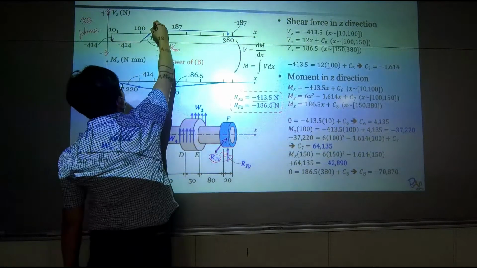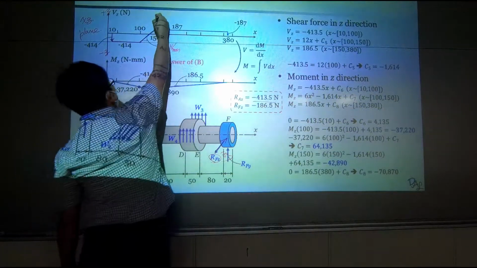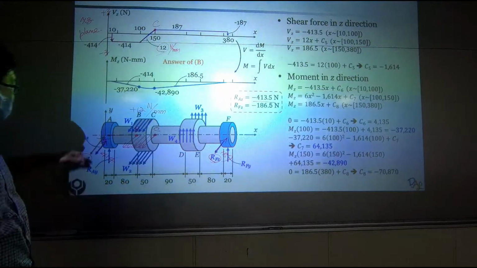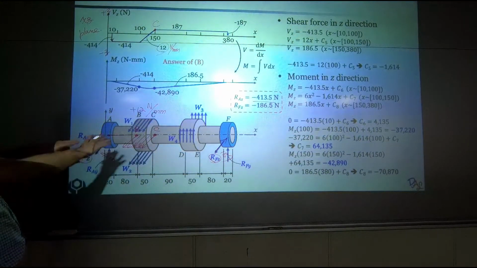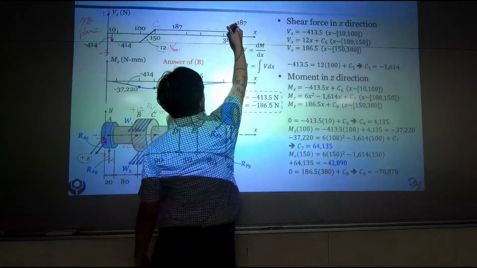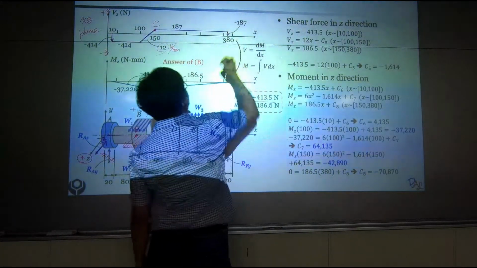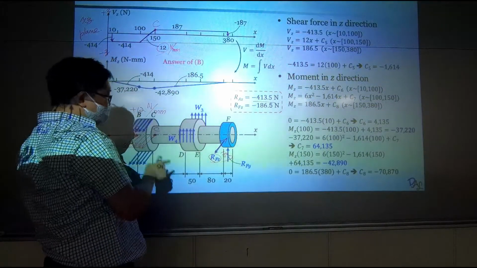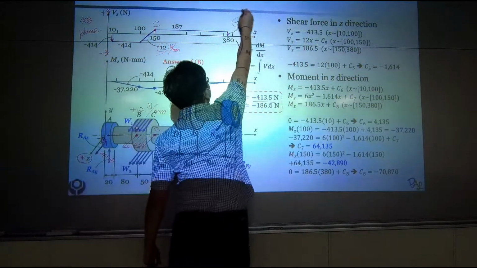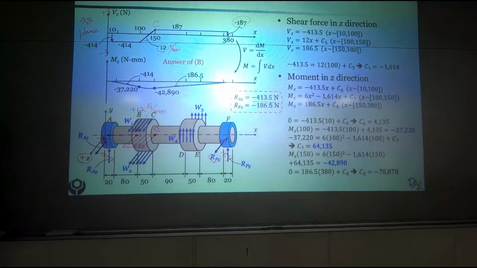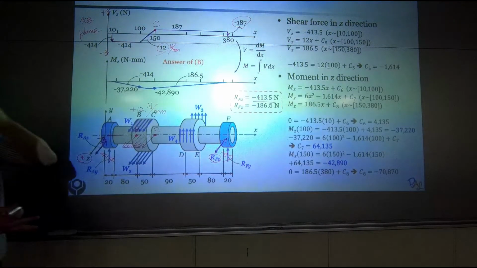And then when we are up to point C, no more forces along the XY plane. So the shearing force remains the same until it reaches the edge, and then going into the whiteboard with a magnitude of 187. That's how you end up with a shearing force diagram right here.